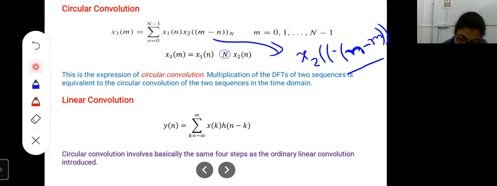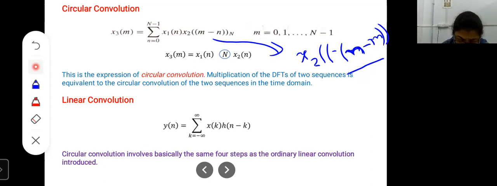If you compare with circular convolution, all the steps are again the same except the shift. For linear convolution we do linear shift, but for circular convolution we do circular shift. That is why here the double bracket is used. Double bracket means the circular shift.